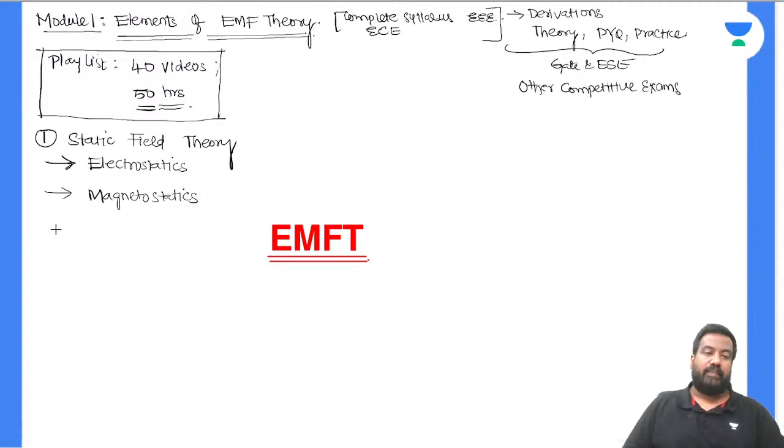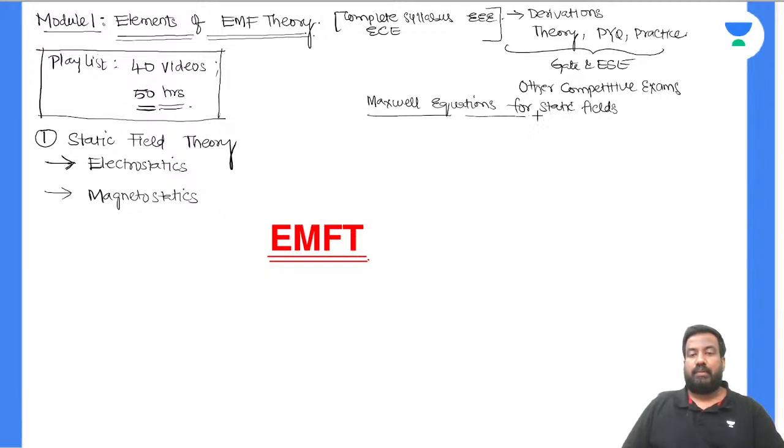We derived Maxwell equations for static fields, in which we derived Maxwell's first equation: closed surface integral of D dot dS is equal to volume integral of rho v dv, integral form; differential form, del dot D is equal to rho v. Source: Gauss law for electric fields.